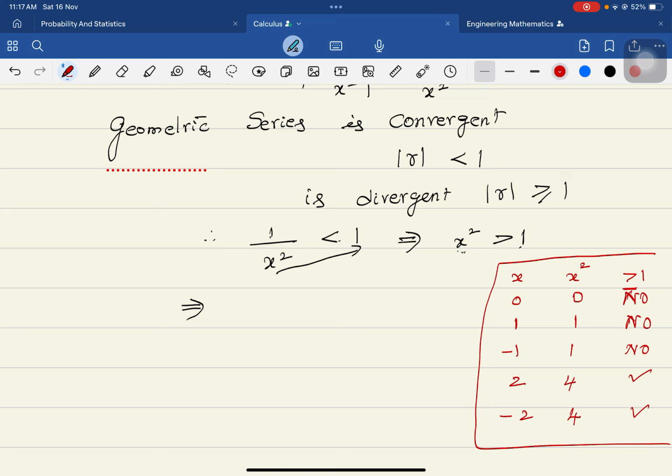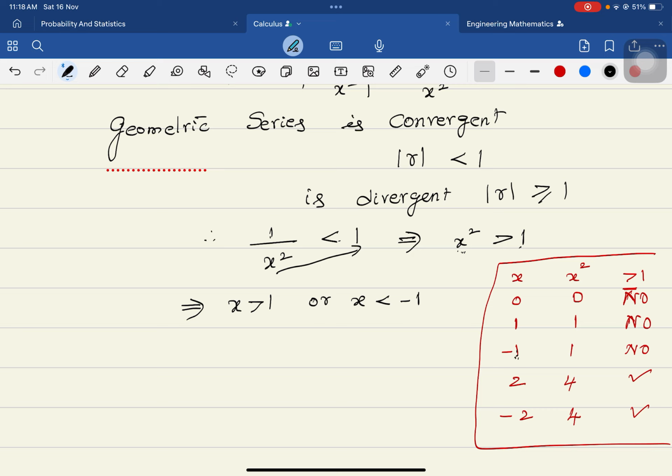Here you have to understand one important rule: x² is greater than 1 is true when x is greater than 1 or x is less than -1. You understood? For -1 it is not true, and for values greater than -1 up to 1 it is not true.